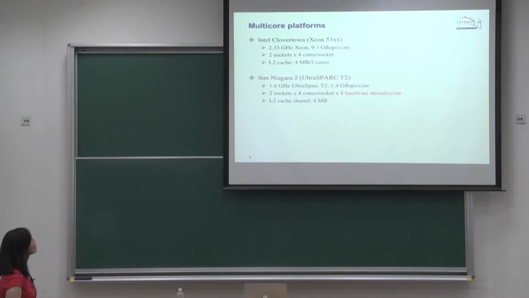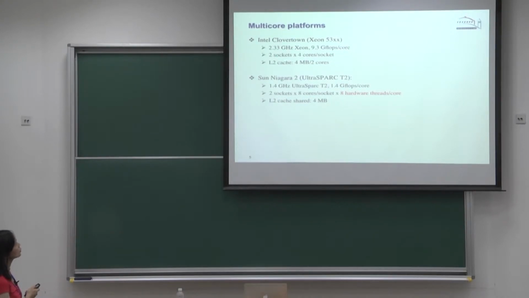Okay, so these are two multi-core systems. They are about 3 or 4 years old. I didn't have time to do the new benchmark for the latest machine before coming here. One is from Intel, Clovertown. It's a Xeon processor, 2.33 gigahertz, and the peak performance of each core is 9.3 gigaflops.